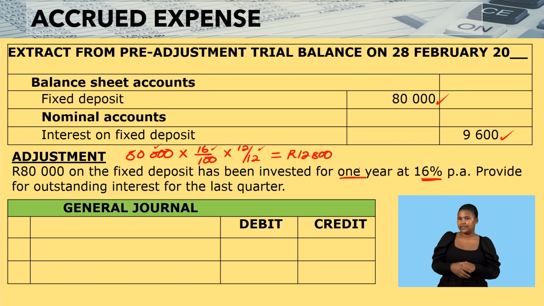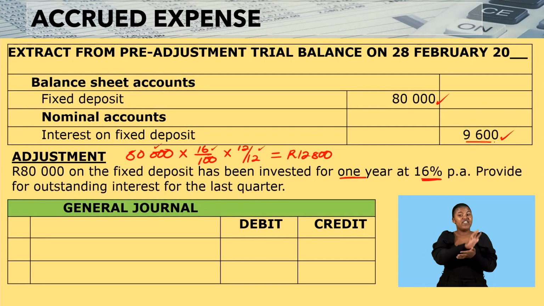This is the interest that we're supposed to receive for the entire year. However, we have received interest of 9,600. That means of the 12,800 that we are supposed to receive, we have received only 9,600. That means there is interest that is accrued.